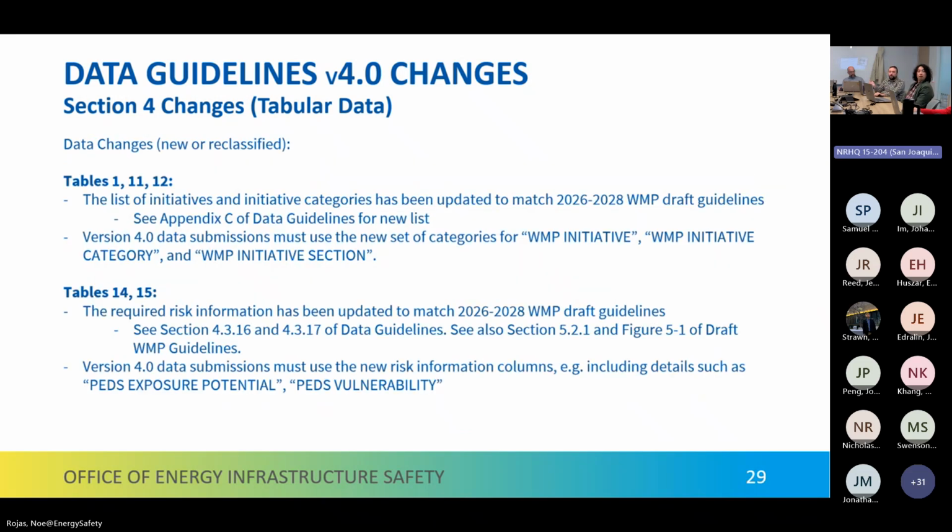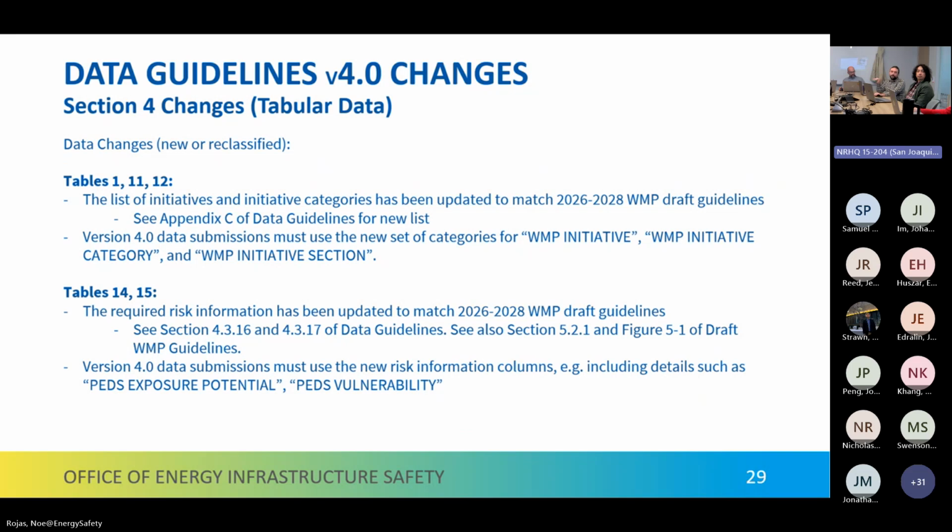I do want to talk about a few things that are actually slightly different data. This is not really because we're collecting new data or changing anything on our end, but this is just to align with the new version of the WMP. So the tables that track initiatives, tables 1, 11, and 12, have the names of the initiatives and the categories slightly changed.